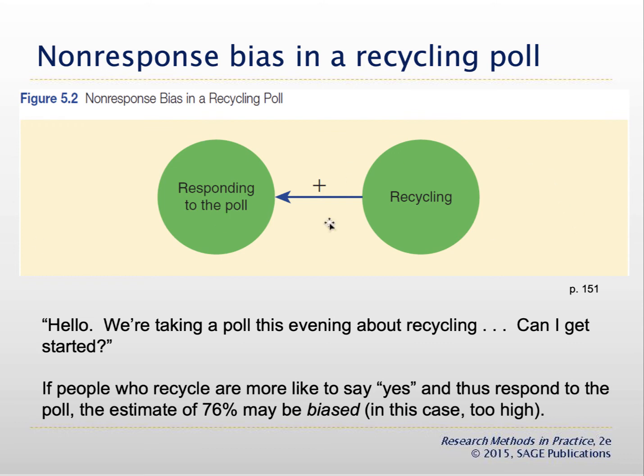So there'll always be the variable you want to measure somewhere. In that case, it was recycling and how likely people were to recycle. And then we have another variable for the likelihood of them responding to the poll. And we were concerned that, hey, people who do recycle are more likely to respond to the poll.